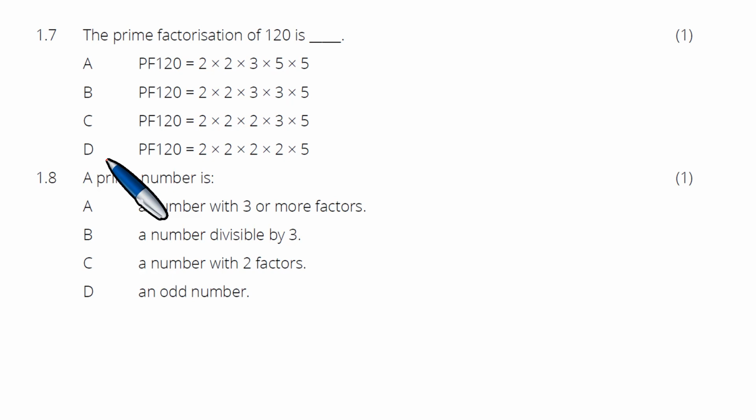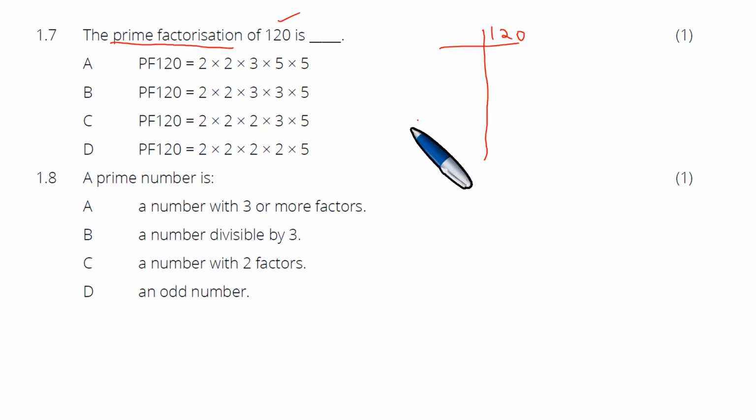Yes, C is the correct answer because if we are to do the prime factorization, we draw this step ladder and then we put the number 120 at the top of the step ladder. We divide 120 by 2, we get 60.